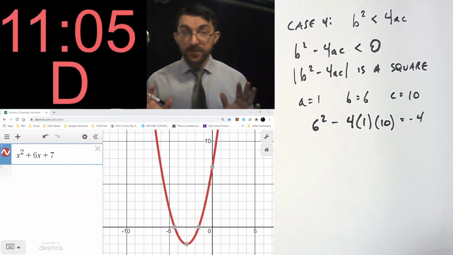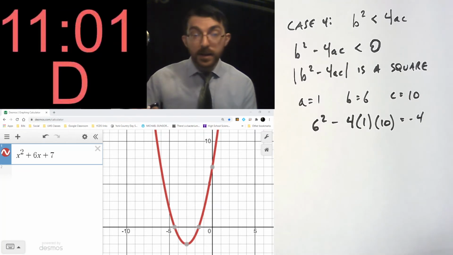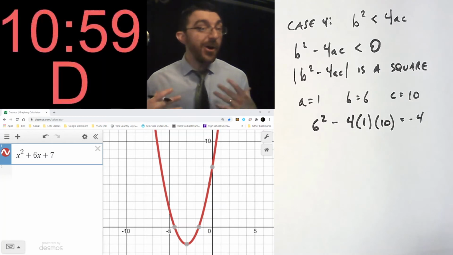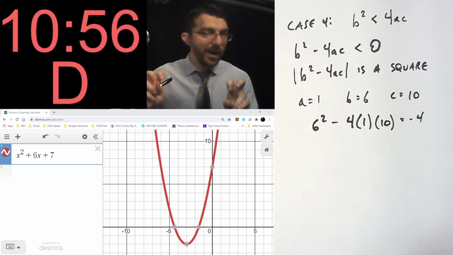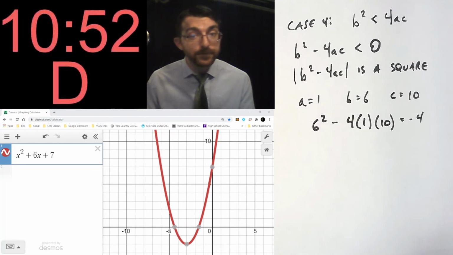Now, it's negative, but 4 is a perfect square, right? It means that negative 4 is also a perfect square of an imaginary number, namely 2i.